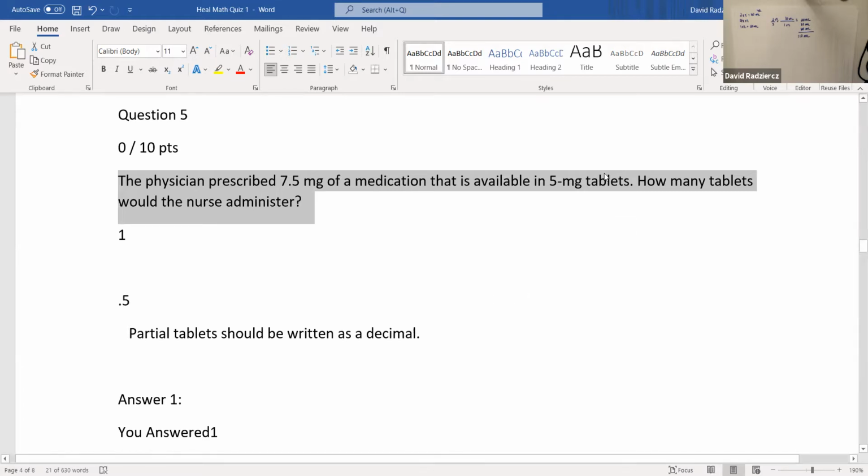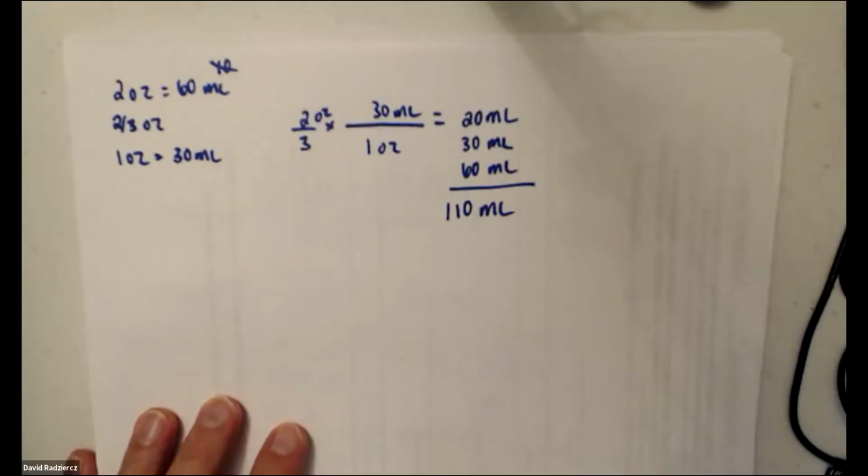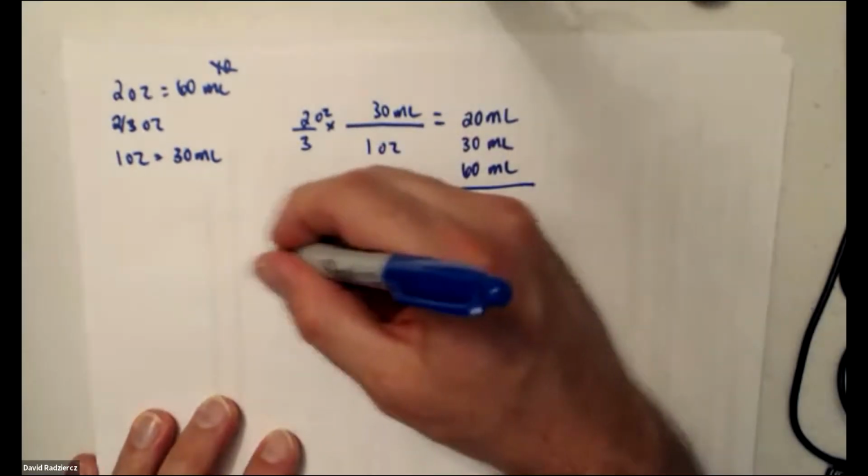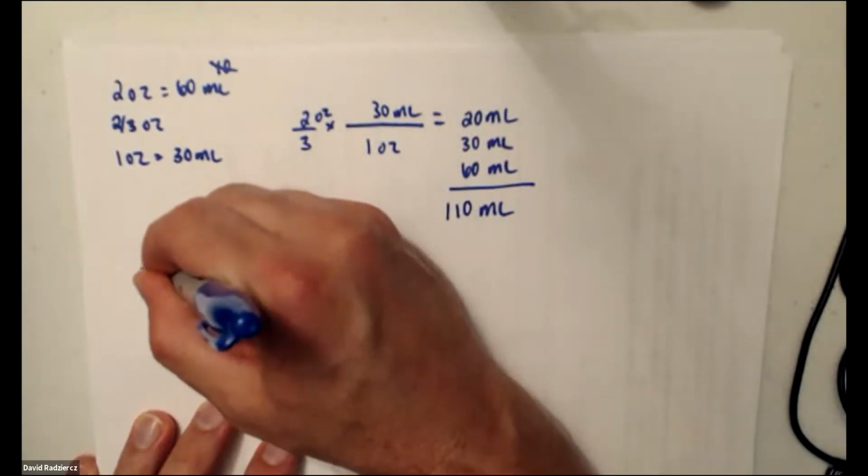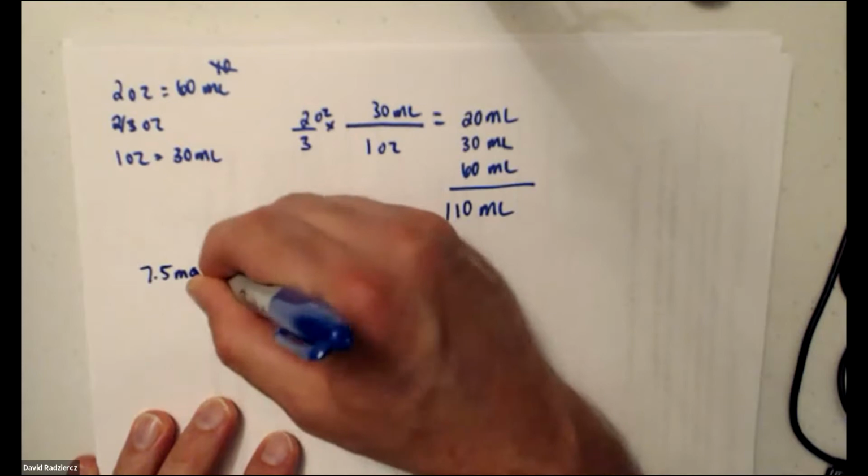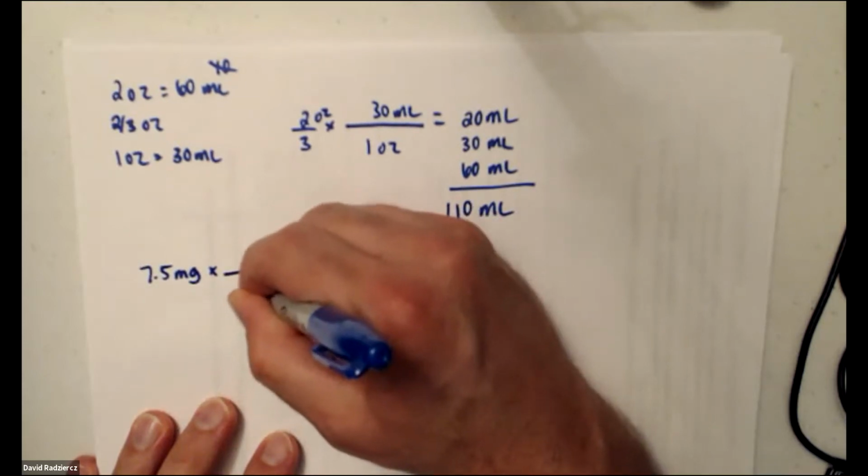In nursing, you may know that tablets are typically scored, or at least they can be scored, which means you can give a half tablet. For this one, the order is 7.5 milligrams, and each tablet is 5 milligrams.